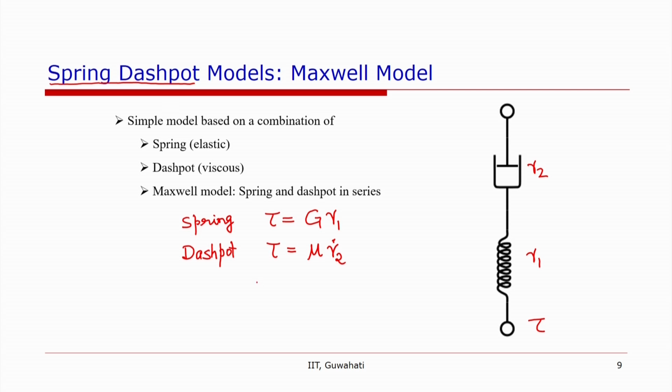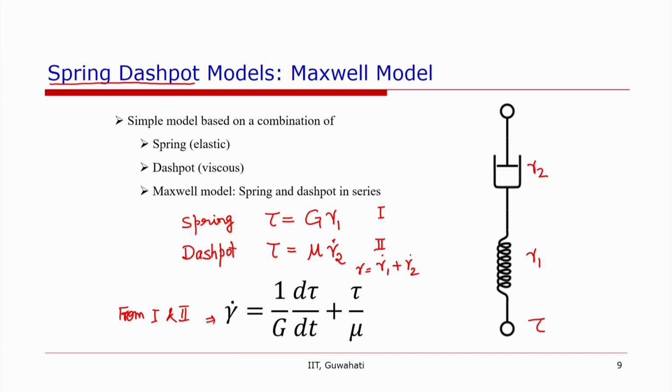As we said, the total strain will be the sum of gamma 1 plus gamma 2, and if we differentiate this with respect to time, the total strain rate will be gamma 1 dot plus gamma 2 dot. Now, we substitute gamma 1 dot and gamma 2 dot from the previous equations. Let us call these equation 1 and equation 2, and if we substitute, from 1 and 2 we get gamma dot is equal to this equation.